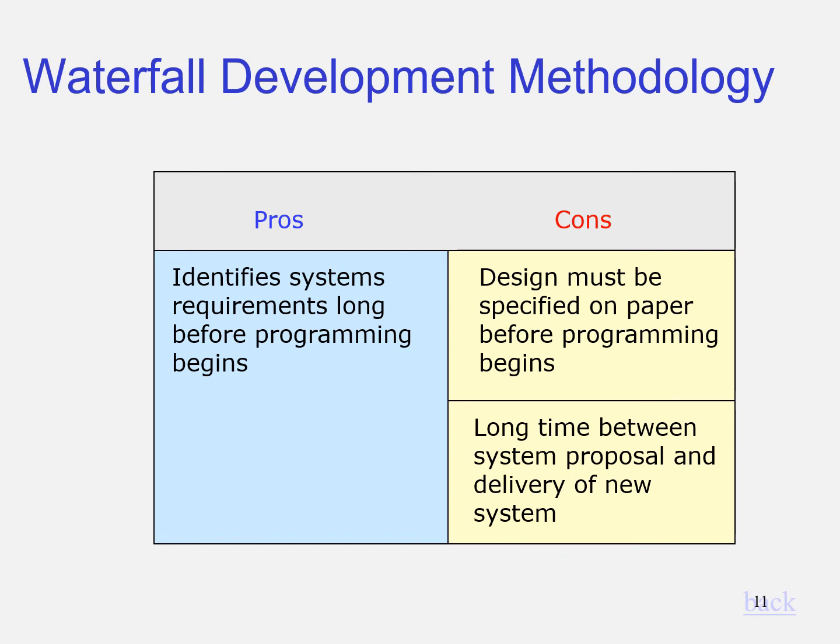The negative part about using this methodology is that design must be specified on paper before you program it. Meaning that before you do the coding part, the design should be there.